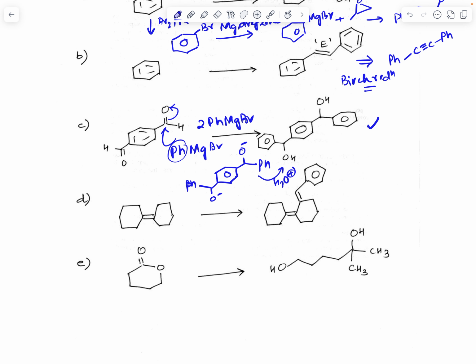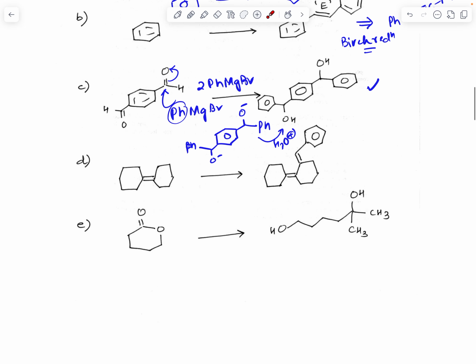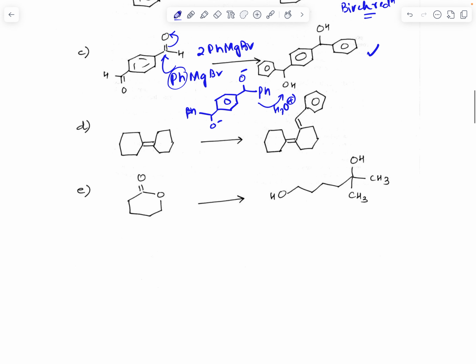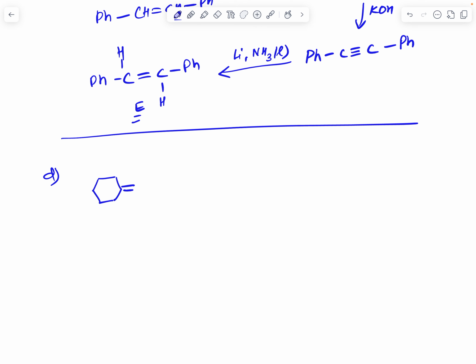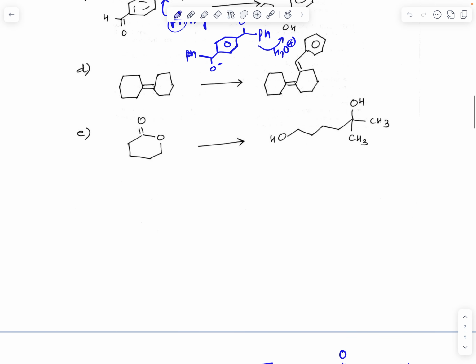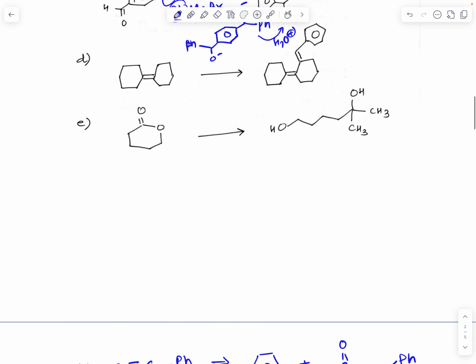Take a look at the next one. The next one actually is a little longer, so I'll move this one to the next page. I might have to go back and forth a little bit to get to the next page, but bear with me. So that's D, and we are trying to start with this, and we're trying to make, you're putting a double bond on top.